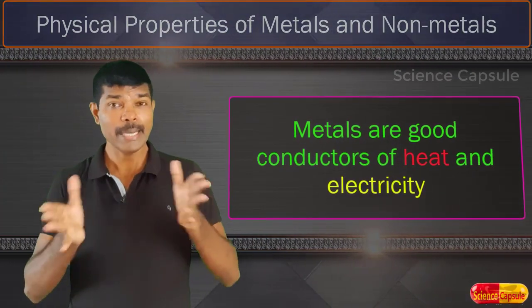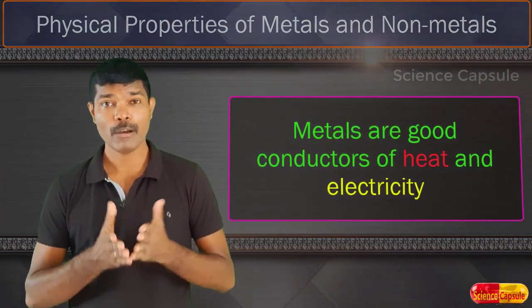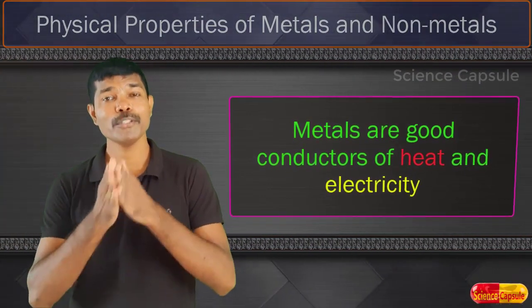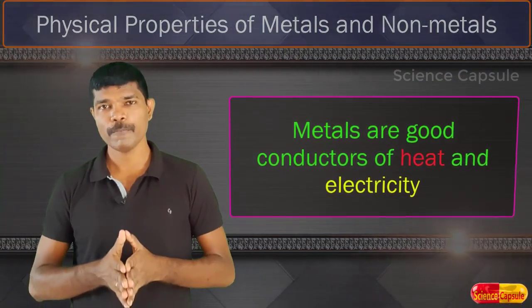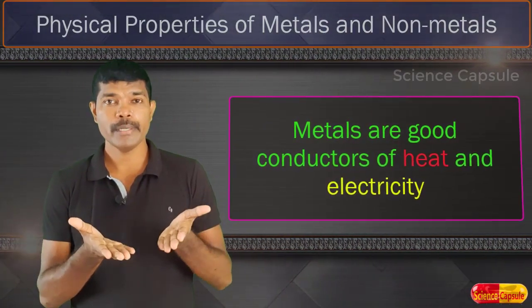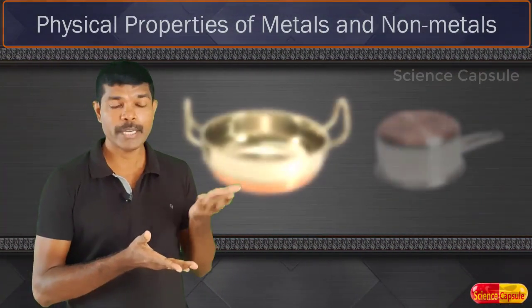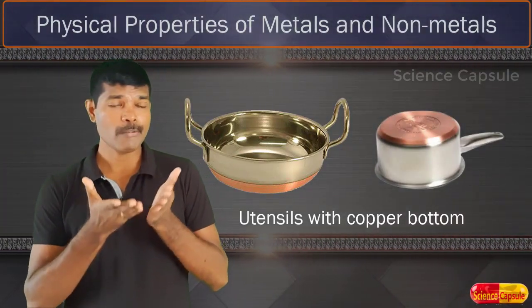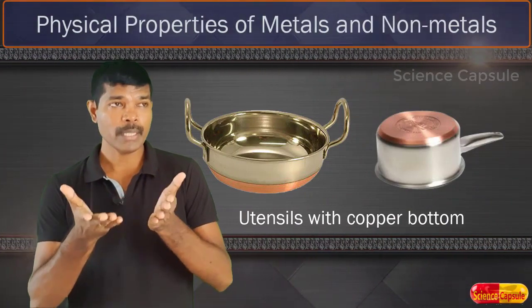And the cooking utensils, you are very much familiar, are all made of metals, because metals are good conductors of heat. At the bottom, some of the utensils have a copper bottom, as you can see on the screen, and some have a silver bottom or other metals.